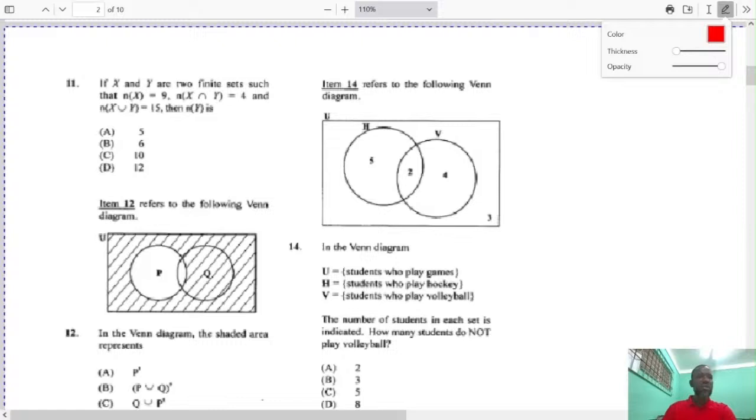So let's substitute: x union y is 15. Now, we want to find out what the number in y is, which we don't know. The number in x is 0.43 times 9 plus the number in y times 370 minus this.